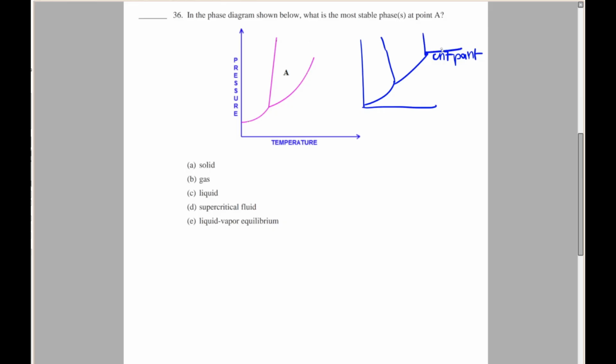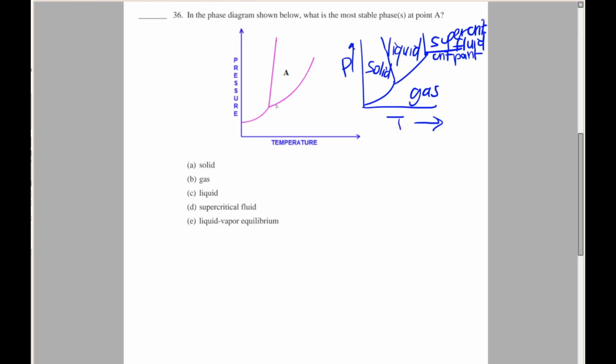And basically, as pressure goes up, temperature goes up, this part will be the solid, this part will be the gas, this part will be liquid, and this part will be the supercritical fluid. Sorry, my handwriting is not great.